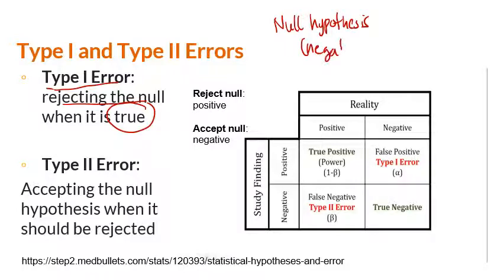So for example, there is no significant difference, there is no association, no difference, they're similar. And once we reject the null hypothesis, there is a difference between groups, there is association, there is link, and so on. So we usually associate the rejection of the null hypothesis to a positive result.